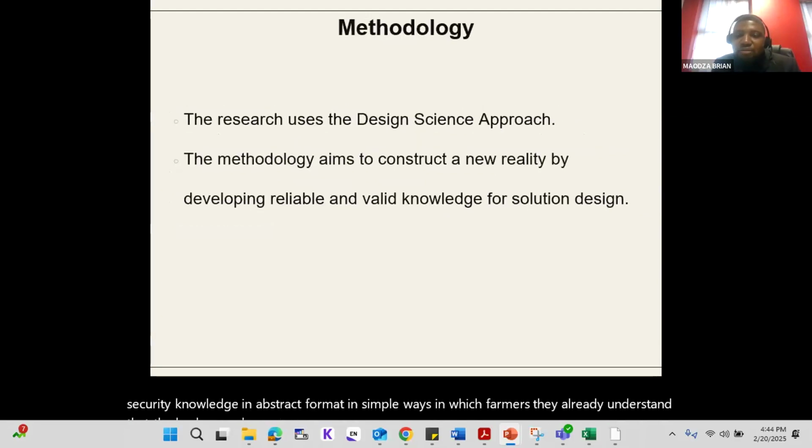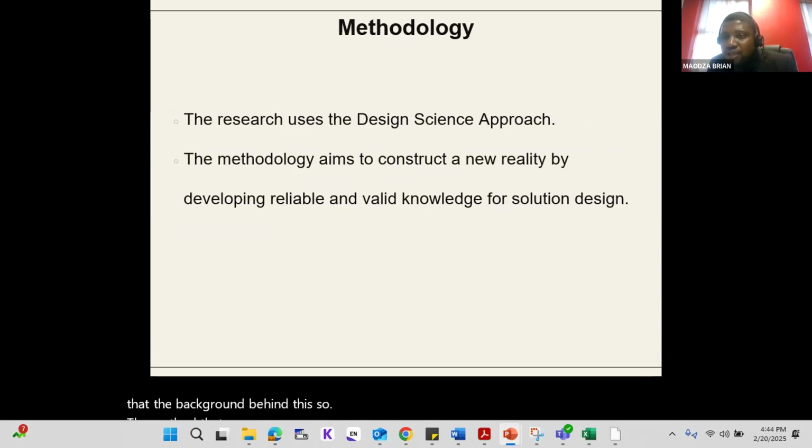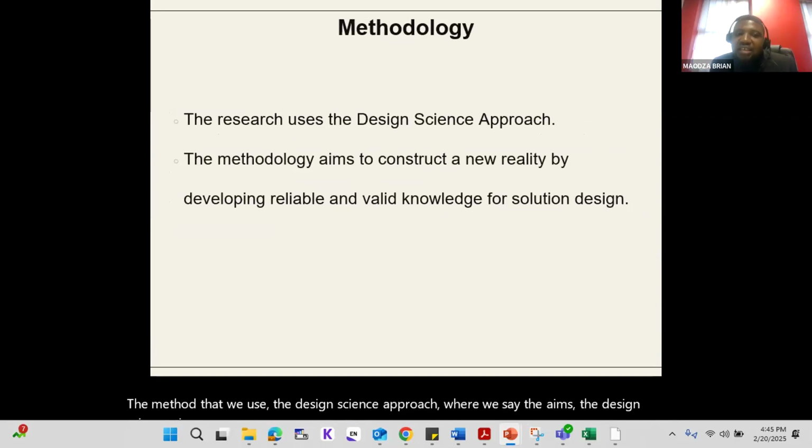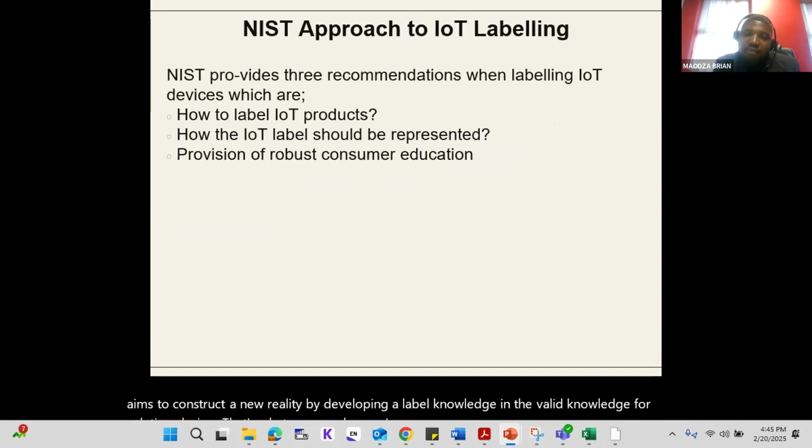So for the method, we used the design science approach, where design science aims to construct a new reality by developing reliable and valid knowledge for a solution design. That's what we use when we're developing the labels.